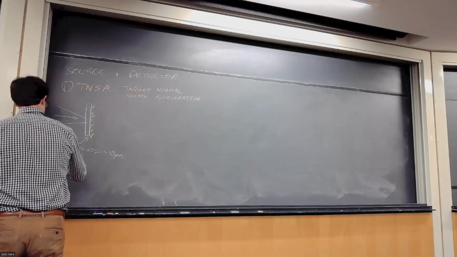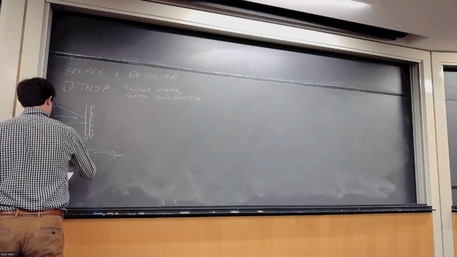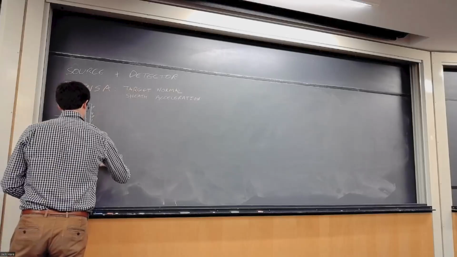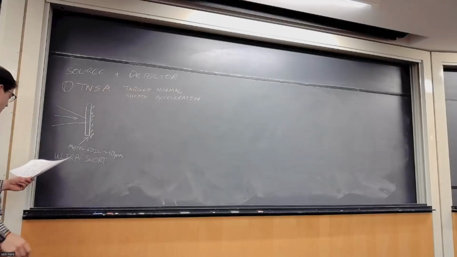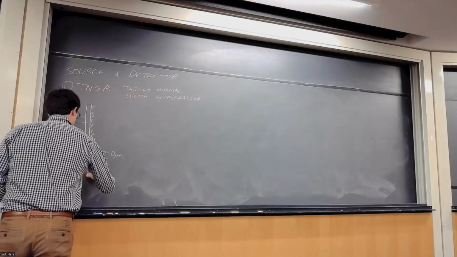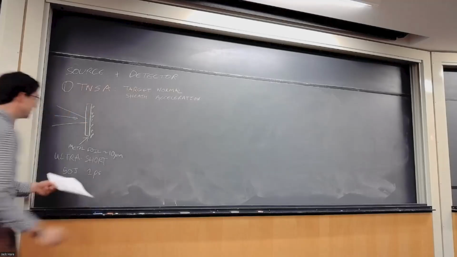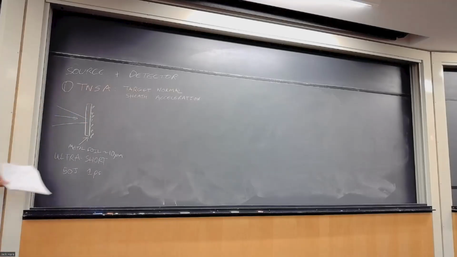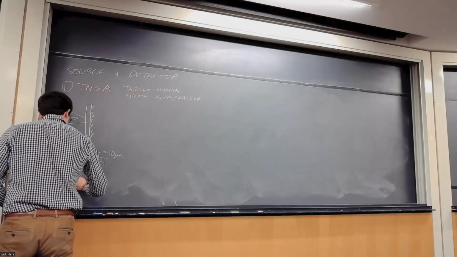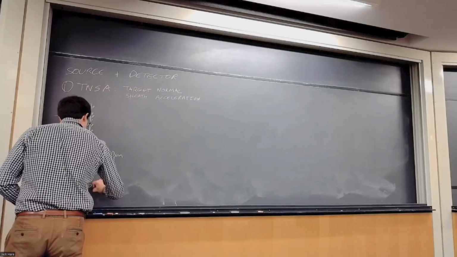And our laser beam is ultra short pulse. So this tends to be something like a 50 joule laser in 1 picosecond, 10 to the minus 12 seconds. So this is over 100 terawatts of laser power. Or if you've got a really short pulse, you can do 1 joule in 50 femtoseconds.